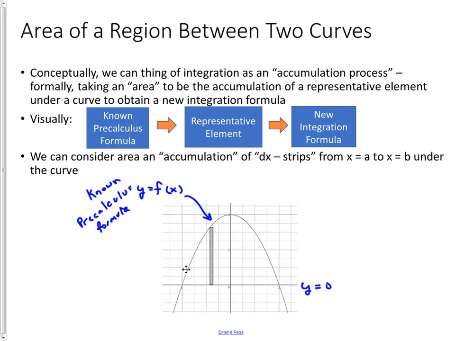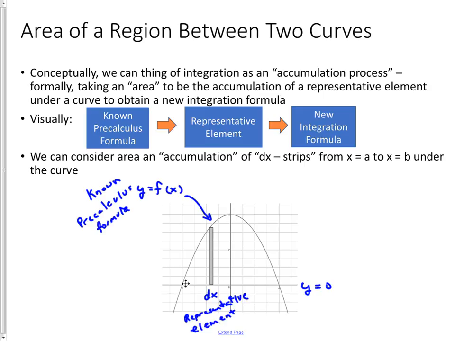Now, we said this was a limit as n goes to infinity of the number of rectangles that we were building under the curve using the Riemann sum, each with a width of dx. So dx right here is the width of our representative element.